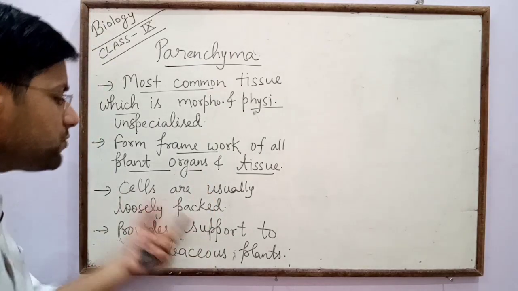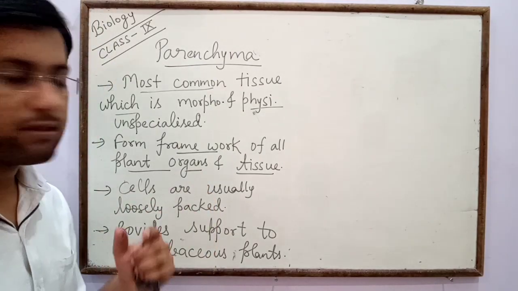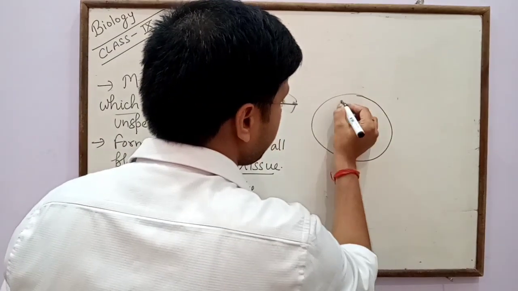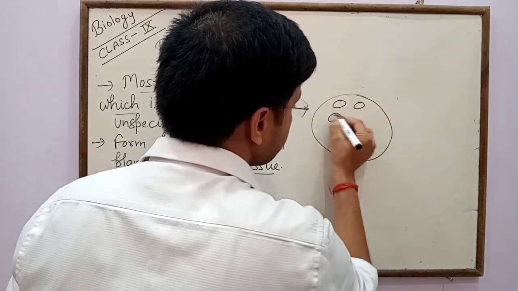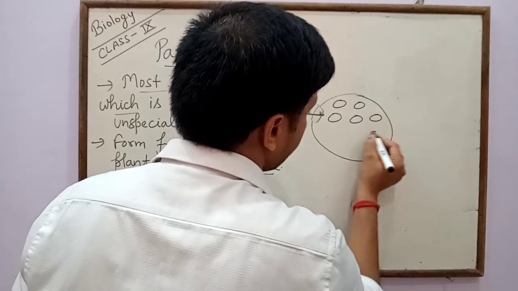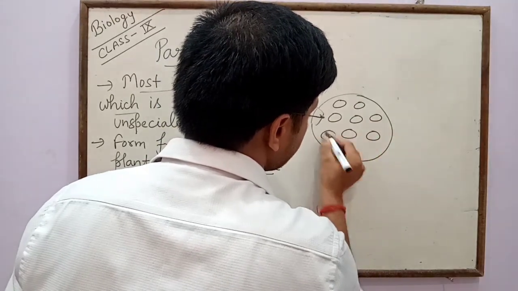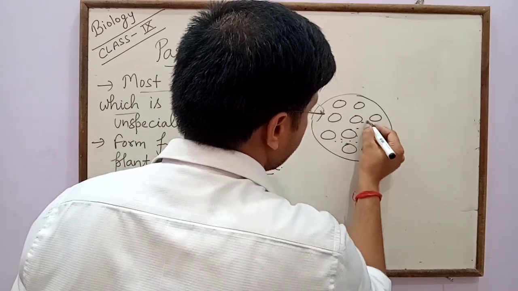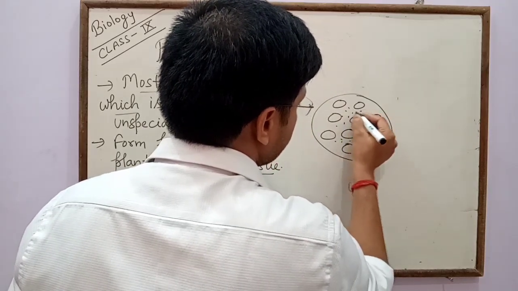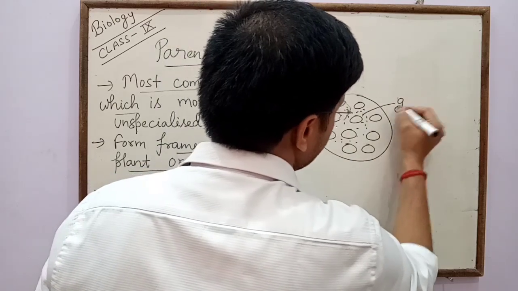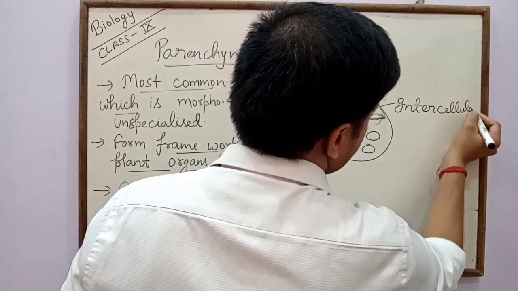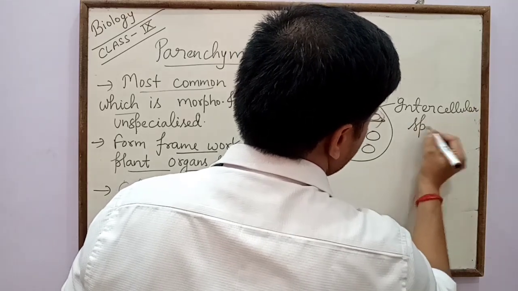Cells are usually loosely packed. In parenchyma the cells are loosely packed, so there are large gaps between cells, and these gaps are called intercellular spaces.